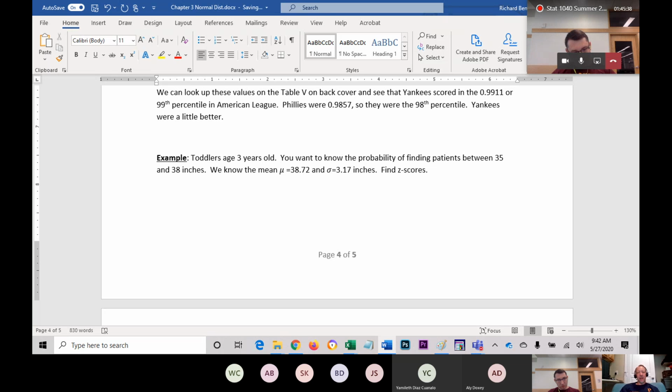So you want to know the probability of finding a patient that's 35 to 38 inches tall, knowing that the height is normally distributed with a mean of 38.72 and a standard deviation of 3.17 inches. Find the z-scores.